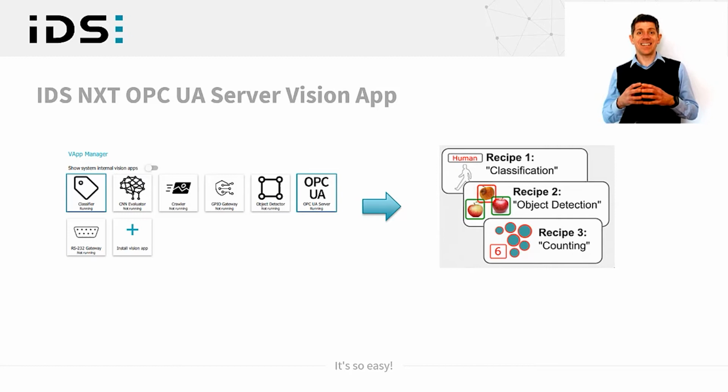As the IDS NXT cameras can run autonomously without a PC connected or a user interface, in the majority of cases there will still be the need to somehow communicate the results to a wider system, or to configure the machine vision process to work with different products, and this fits perfectly with OPC UA.